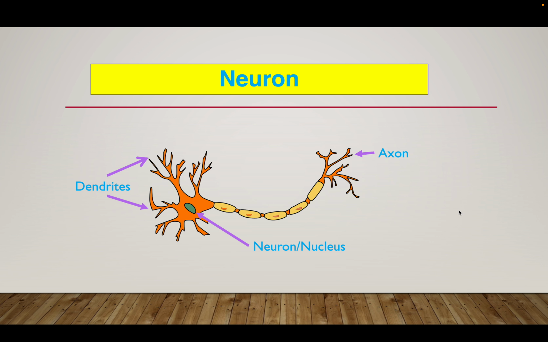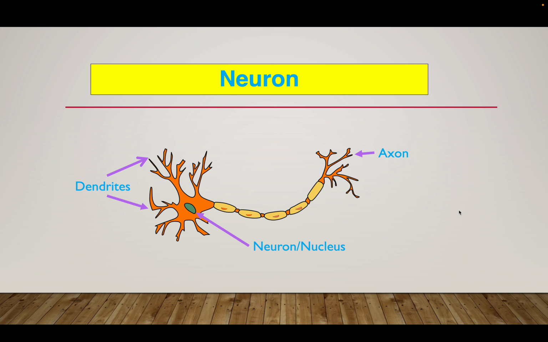From a single neuron, this is just like the set of multiple neurons we have in our body, in our brain. A single neuron does not work alone; it is the collective collection of neurons that makes our brain work.